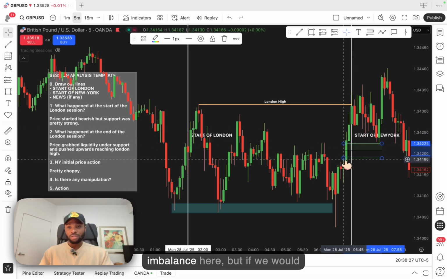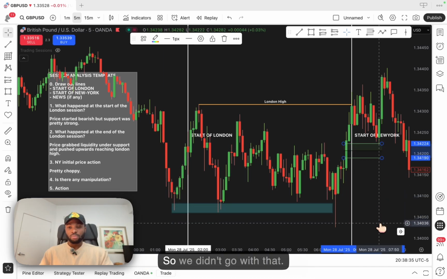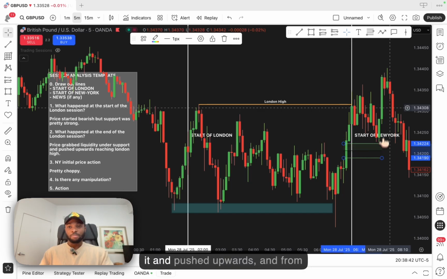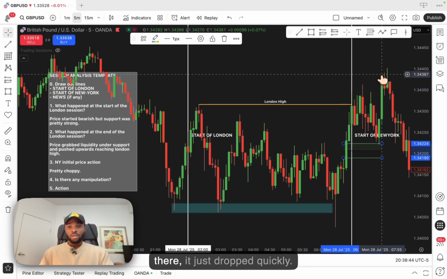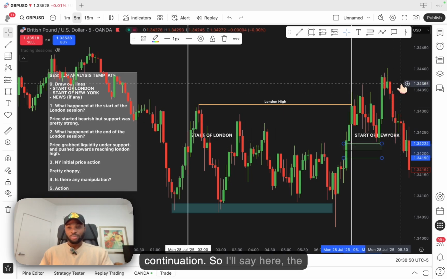We did see some imbalance here, but if we would have gone with this buy, we'd have a huge stop loss, so we didn't go with that. Price respected that imbalance, tapped it and pushed upwards, and from there it just dropped quickly. There was no buying continuation.